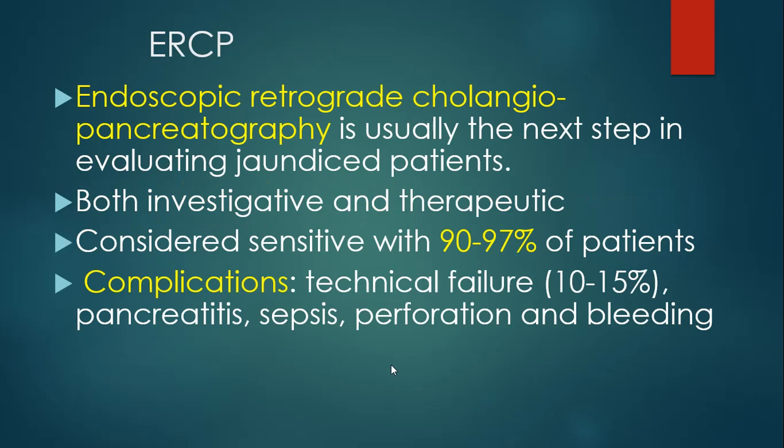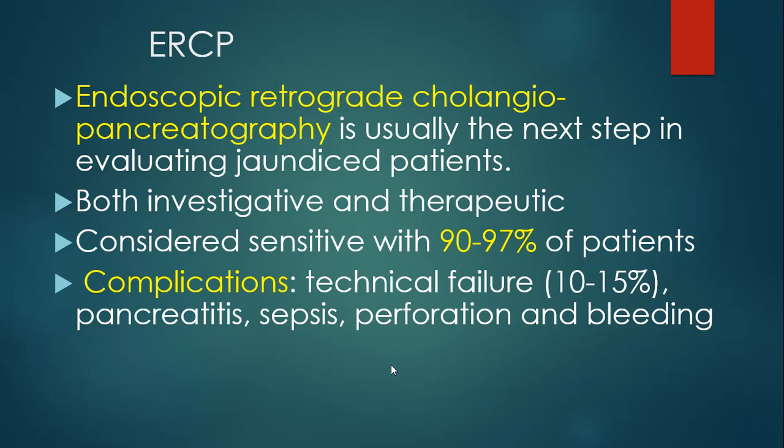Endoscopic retrograde cholangiopancreatography is the next step in evaluating jaundice patients, both investigative and therapeutic in nature, because we not only diagnose, but also we can put in stents in order to open up the blocked common bile duct.